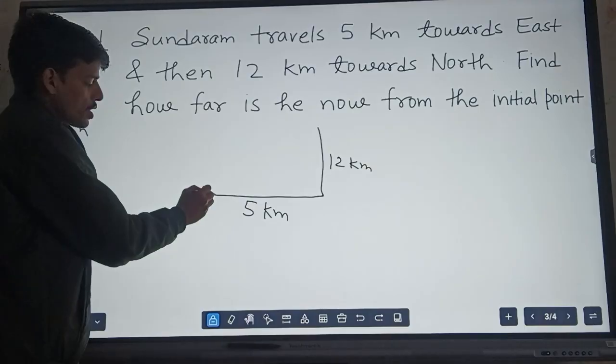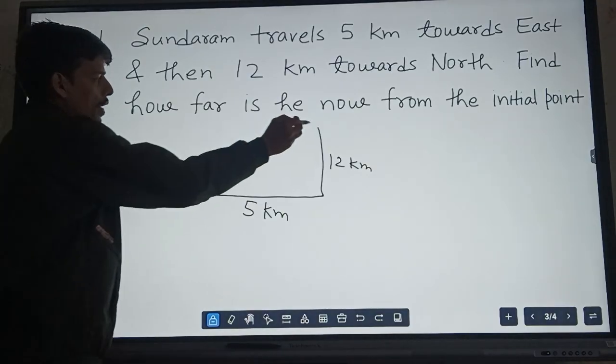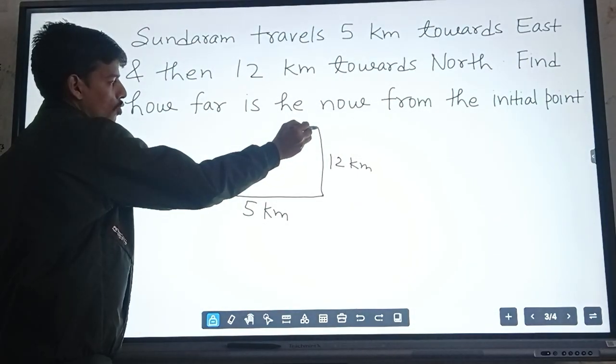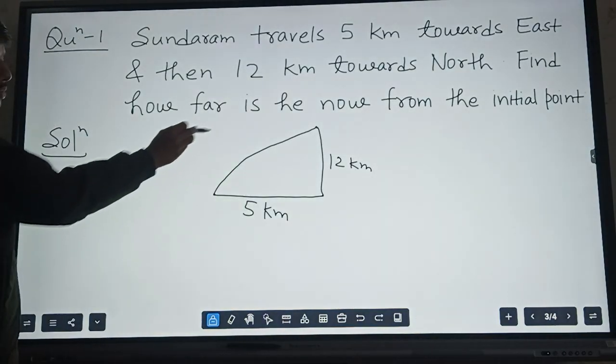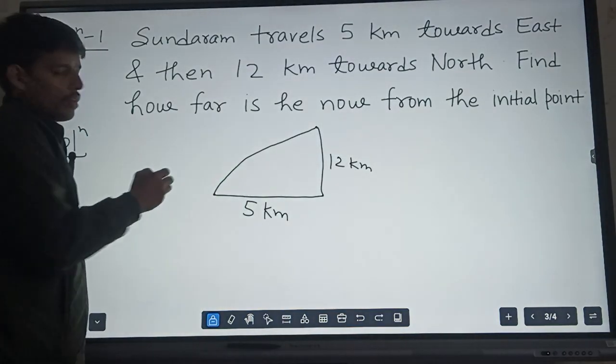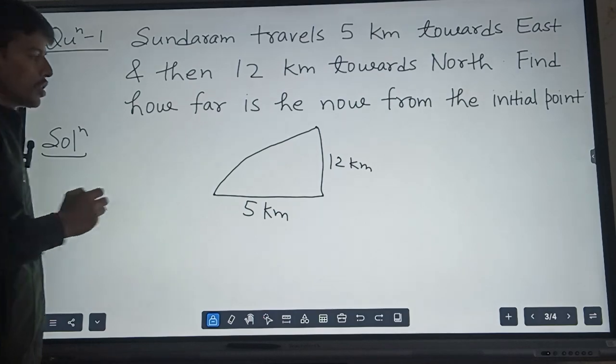This point is known as the initial point and this is the final point. So we will draw a perpendicular. Then it will take the shape of a right angle triangle.